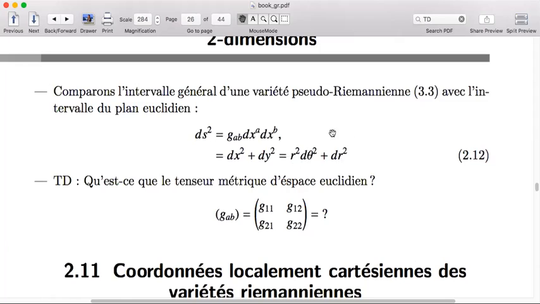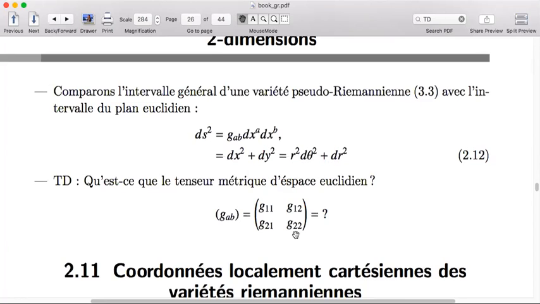However, if you write it in polar coordinates, you would have different coefficients. We have to make a choice for the order of coordinates. If we say r is the first coordinate, that would be the standard choice. It's not necessary, but it's convention to say r is your first coordinate, theta is your second coordinate. So then the g11 term is 1, and the g12 is still 0 because there's no r theta term.